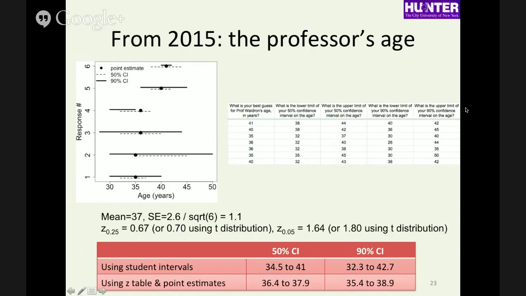Just taking the averages of these, there probably should be more difference between them. And when we do it using the point estimates, the range here is 1.5, the range here is 3.5. So the 90% confidence interval is more than twice as big as the 50% confidence interval.